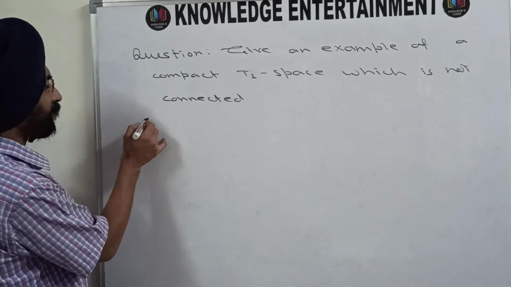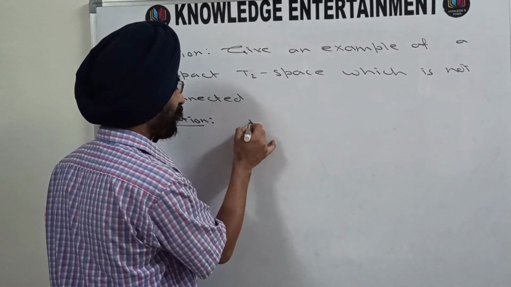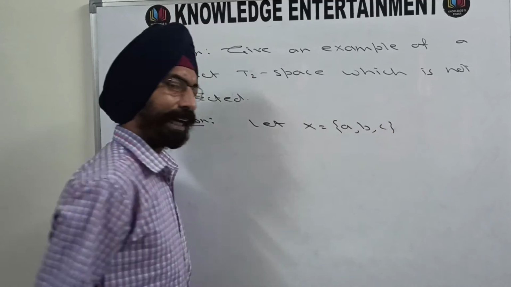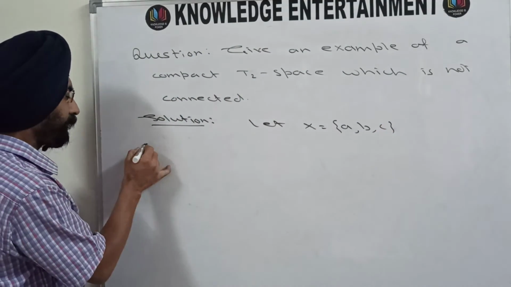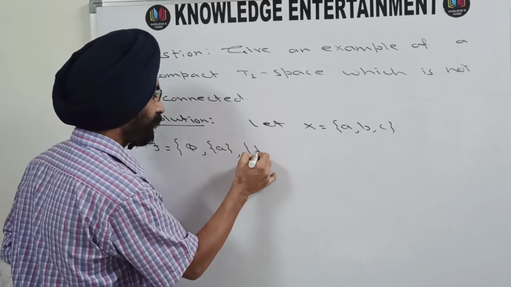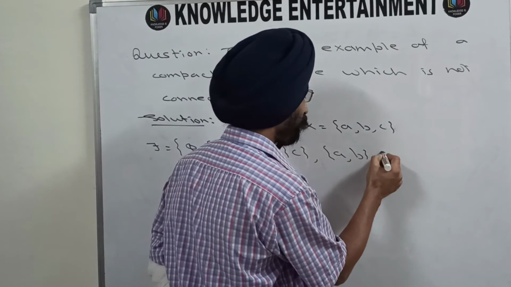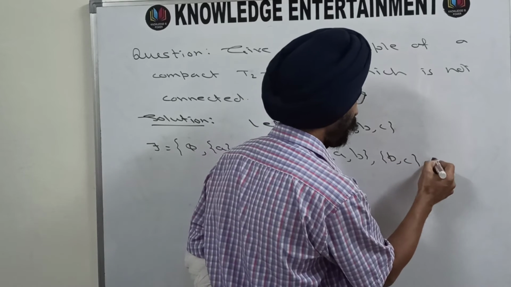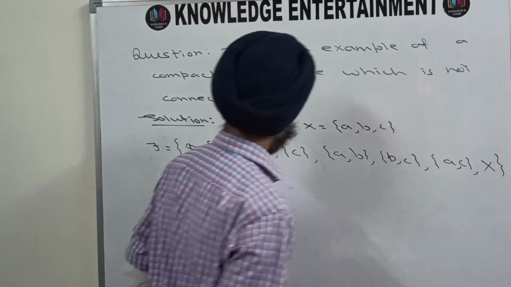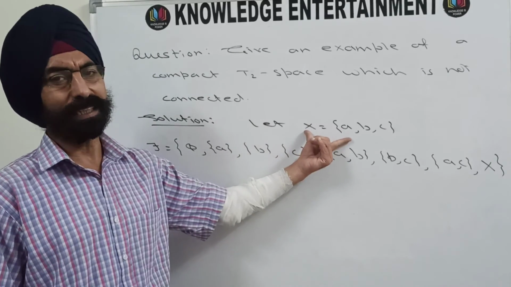and the example is once again very easy. What you have to do is just consider the set X with three points A, B, C, and take the discrete topology on it. That means phi, singleton set A, singleton set B, singleton set C, the set containing the elements A and B, the elements B and C, the elements A and C, and obviously the whole set X. Now, your X is a finite set.